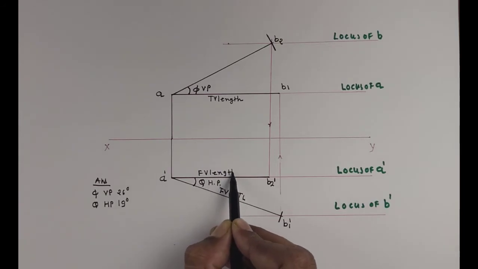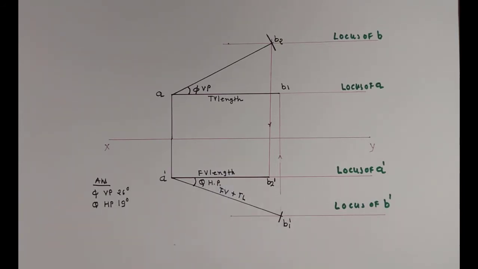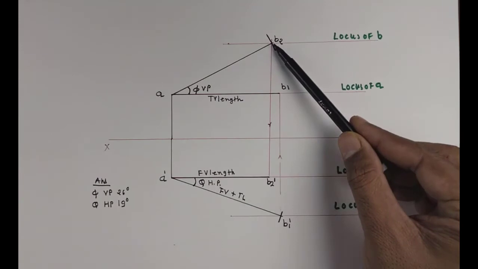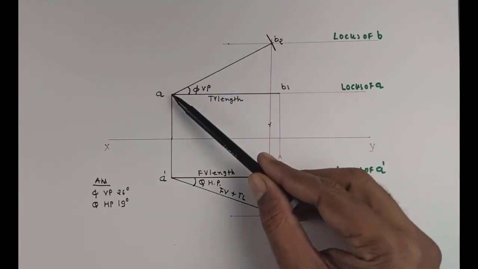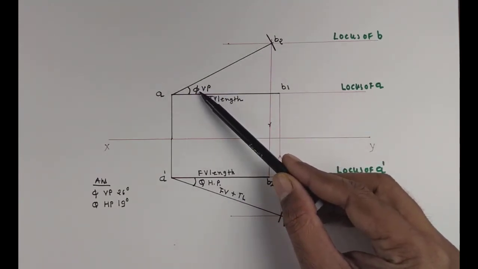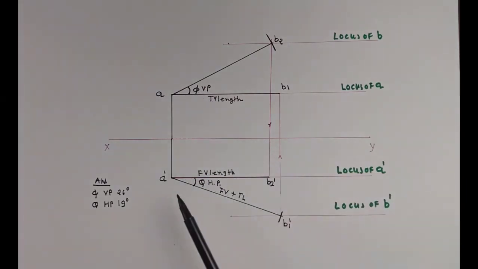So now understand here, my line AB is inclined to VP with angle phi, its elevation always parallel to XY line.